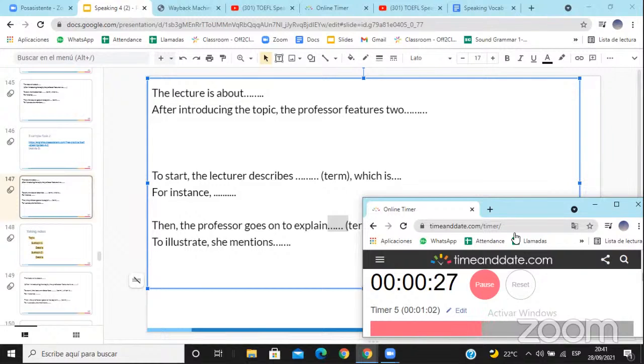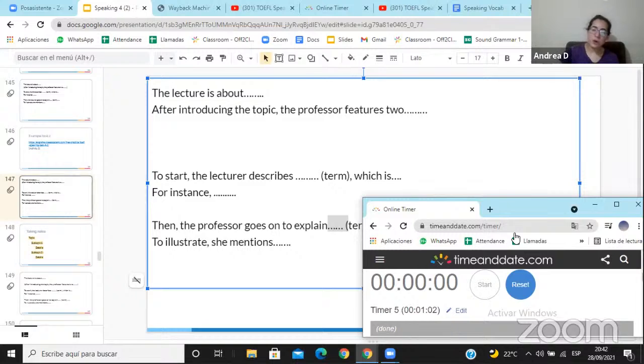So to start the lecture, she describes how we have two types of ways to defend ourselves, with fantasy and sublimation. Fantasy is about how we can use our imagination and find a story, a happy story. And sublimation is how we can turn the negative feelings into a protective function.